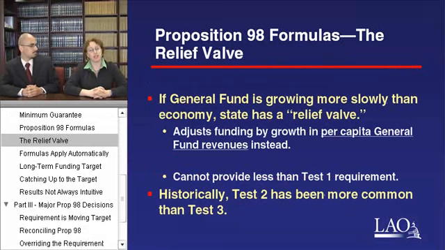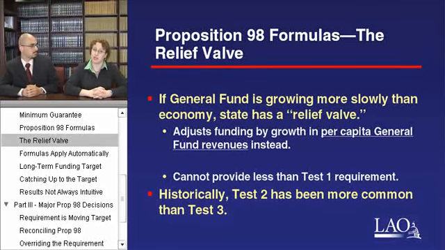Now, Proposition 98 was amended in 1990 to allow for a relief valve from the Test 2 requirement in years when the state's general fund is experiencing slow growth. Specifically, if the general fund is growing more slowly than personal income, suggesting a tough year for the general fund, the state may grow prior year funding at the same rate as general fund growth rather than growth in the economy.